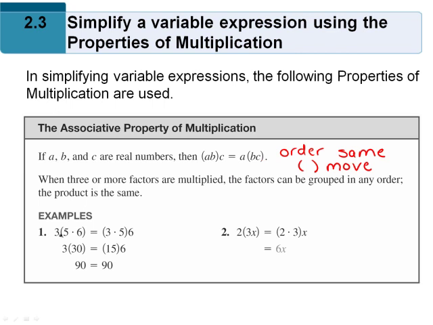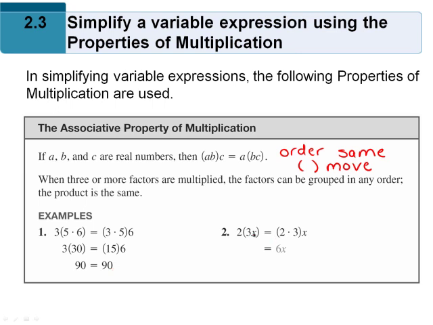And you can look at these examples. 3 times 5 times 6 in parentheses is the same as 3 times 5 in parentheses times 6. Because on the left side, you multiply 5 times 6 because it's in parentheses and get 30. 3 times 30 is 90. On the second side, we multiply 3 times 5 in the parentheses first, which is 15, times 6, which gives you 90.